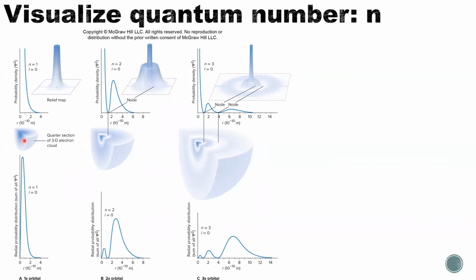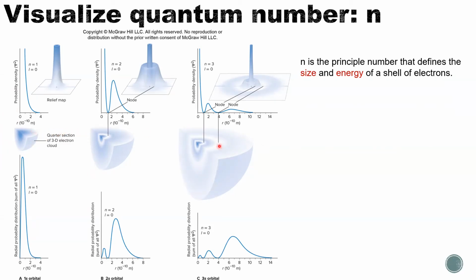Here we show only half of the shape so you can see through, but n is more or less a sphere: n equals 1, n equals 2 in the middle, and n equals 3 on the right. So all of the n's give you more or less a sphere shape, and the principal quantum number defines the size. As you can see, when n increases, this ball gets bigger. It defines the size and the energy from the Bohr model.